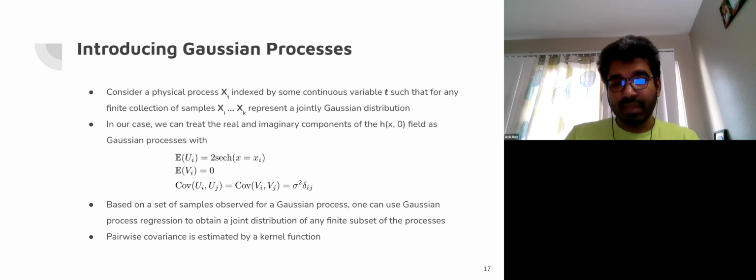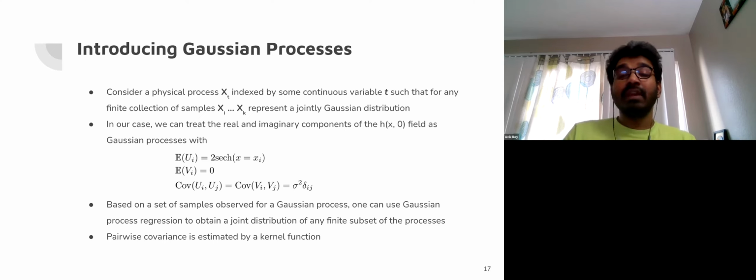For example, at any instance of x equals x_i on the domain boundary, the expected value is given by this function here. The expected value of the imaginary component is 0, and the covariance between any two is given by sigma squared delta_ij, and together they actually represent a jointly Gaussian distribution that is driven by these mean values and these covariances.